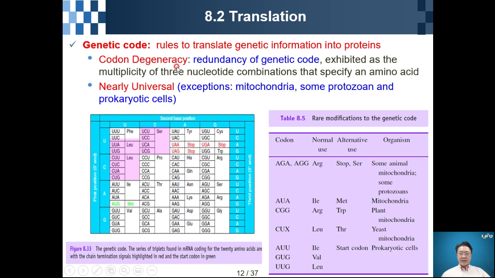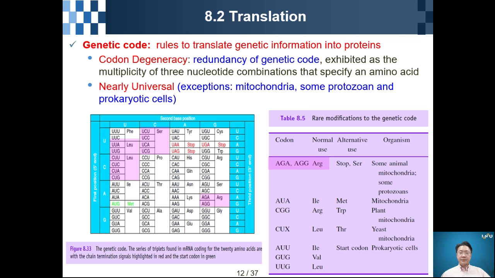Okay, the second characteristic is that the genetic code is nearly universal. This genetic code applies to all prokaryotic cells and nearly all protozoa and eukaryotes. However, there is some exception.